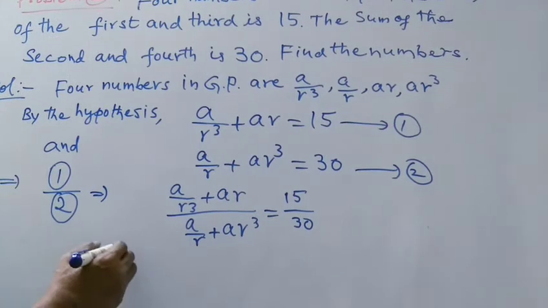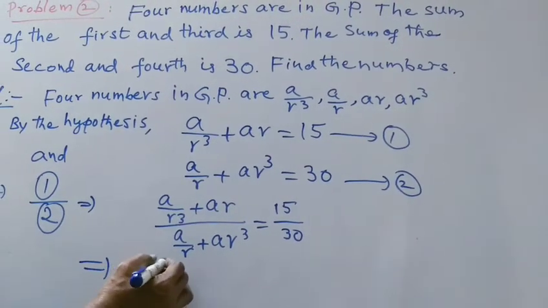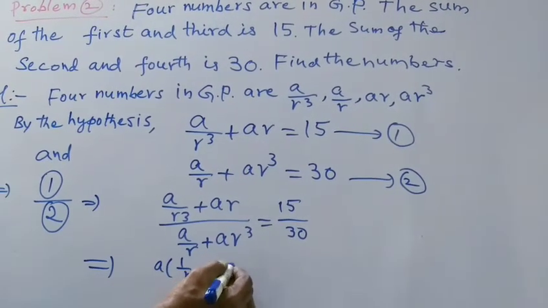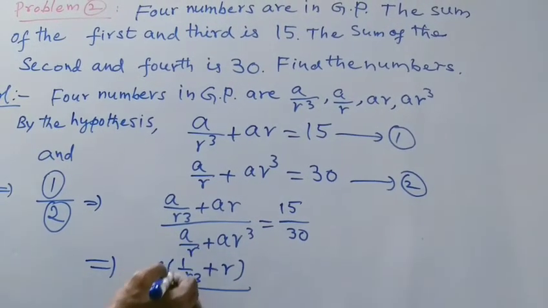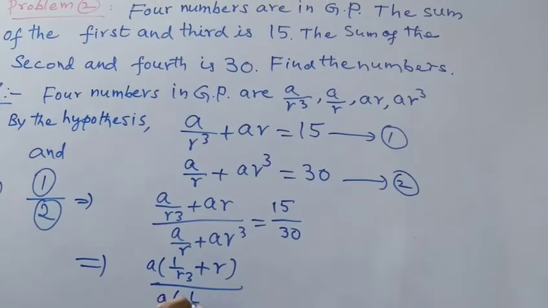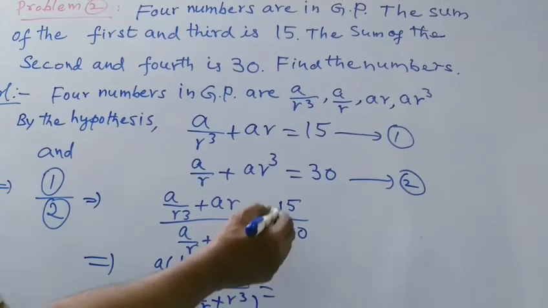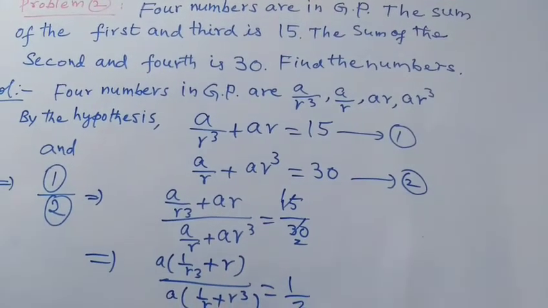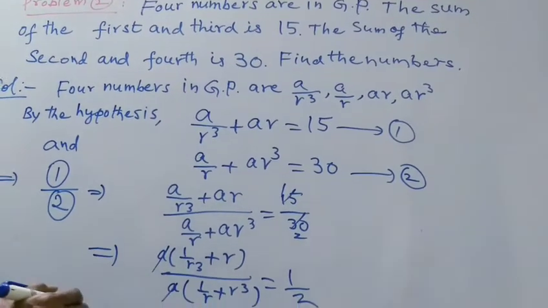Here in the numerator A is common, A of (1 by r cube plus r), and in the denominator also A is the common factor, A of (1 by r plus r cube), equal to 15 ones are 15, twos are 30, so it becomes 1 by 2. So here in the numerator and denominator A both are cancelled.